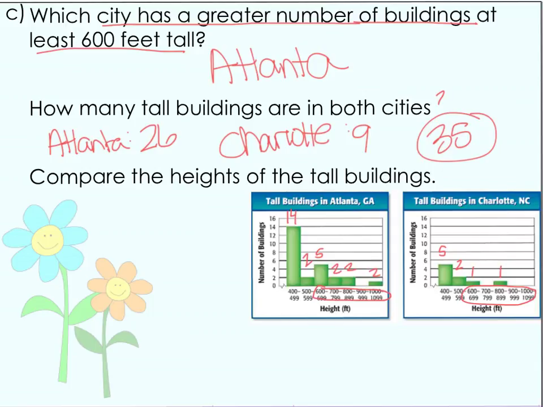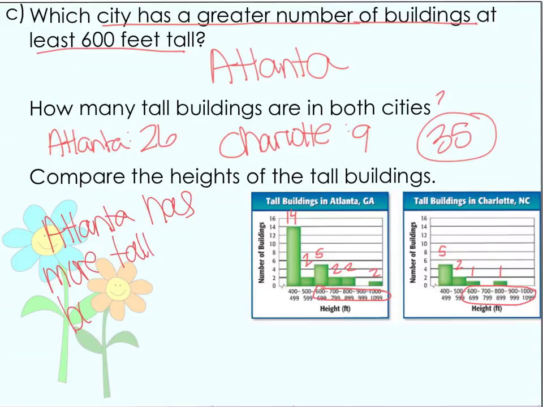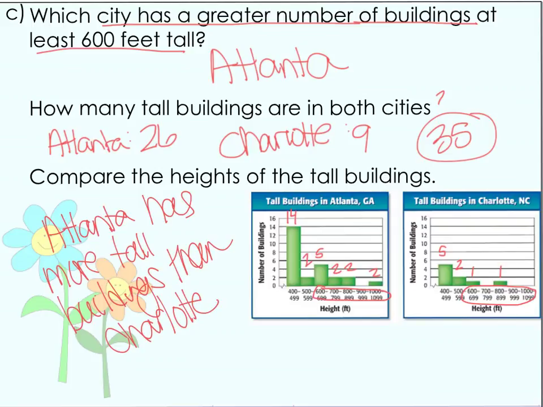But my guess is most of you guys will say that Atlanta has more tall buildings than Charlotte. But something that is different about those two. Again, lots of things you could do on this one. That's my guess on what most of you guys would write for that.